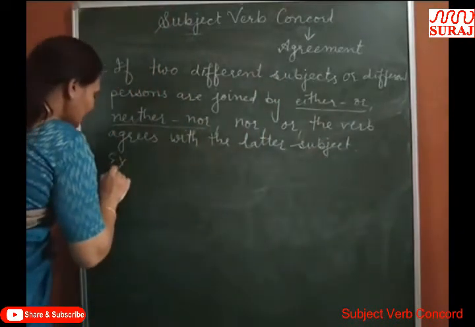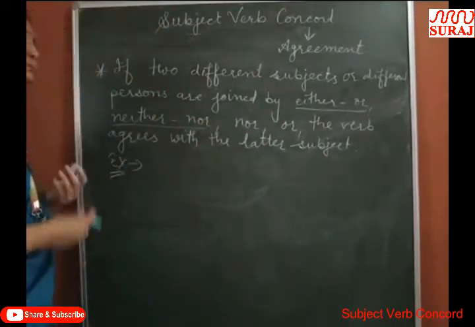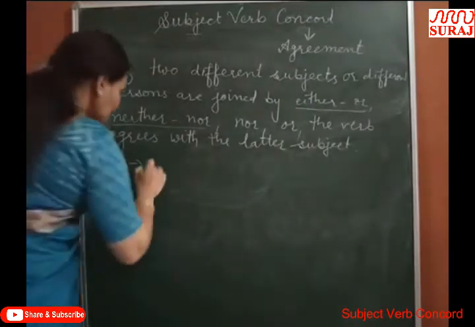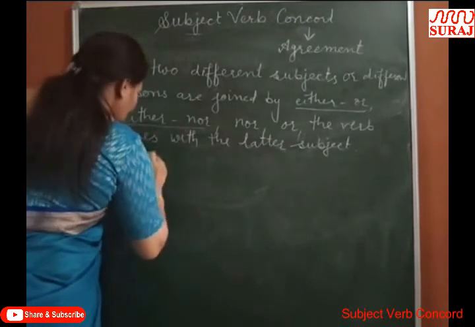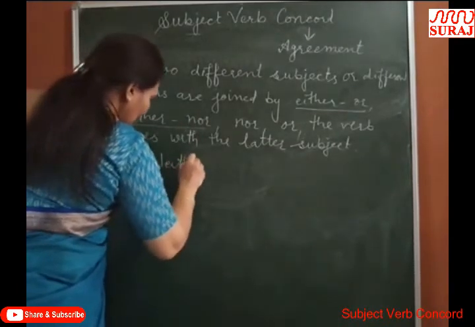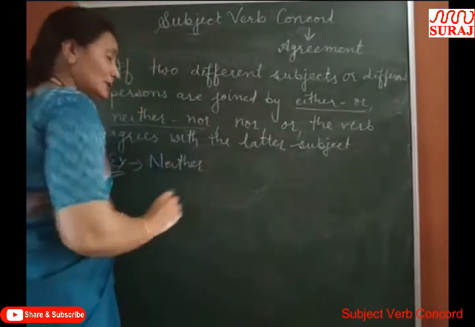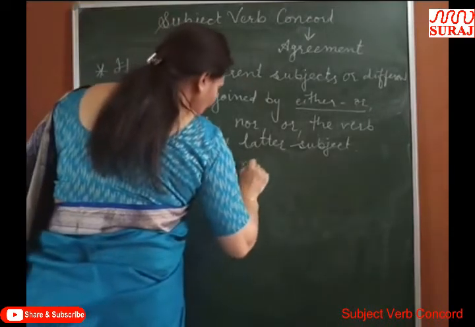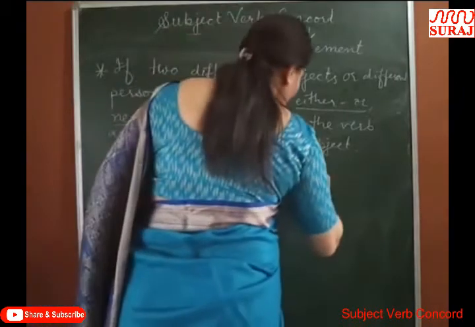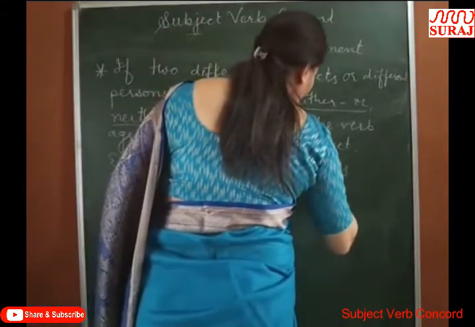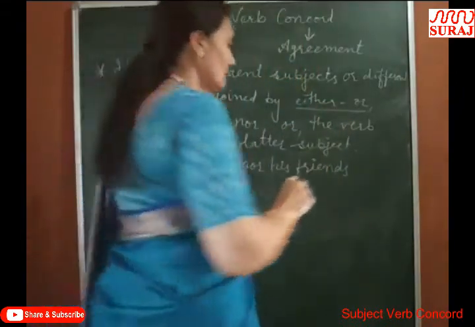These are the correlative conjunctions which appear in pairs. The verb agrees with the later subject. It means you will find two subjects, first and second, former and later. So the verb agrees with the later subject.